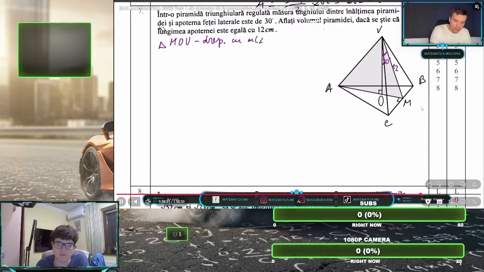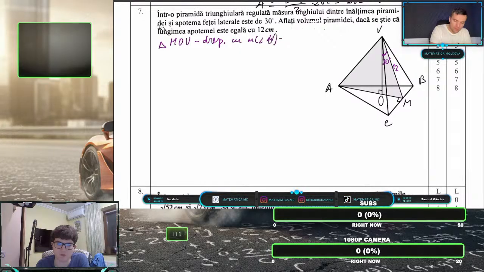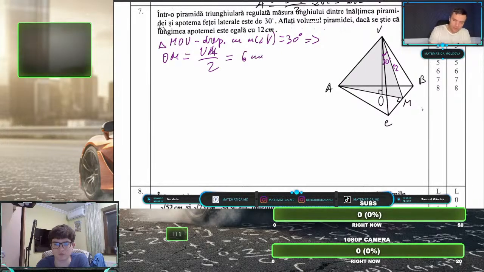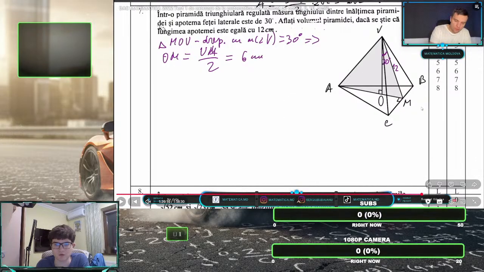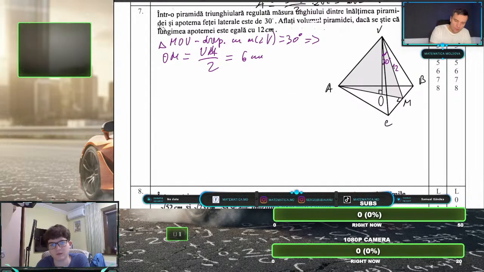Okay. So V there, MOV, 30 degrees there. OM is going to be VM divided by 2. That's going to be 6. Why? Because it's the opposite side of the 30 degree angle, so it's going to be 6 there.